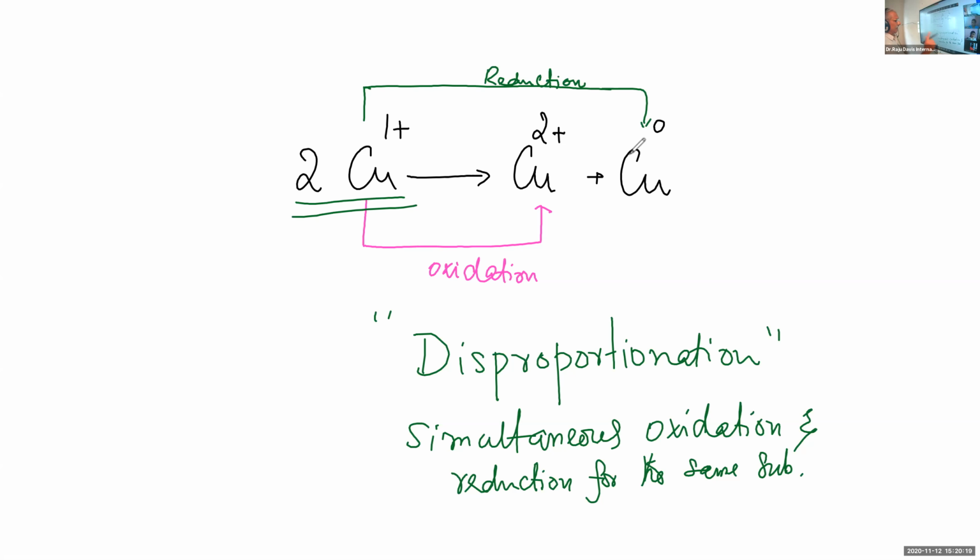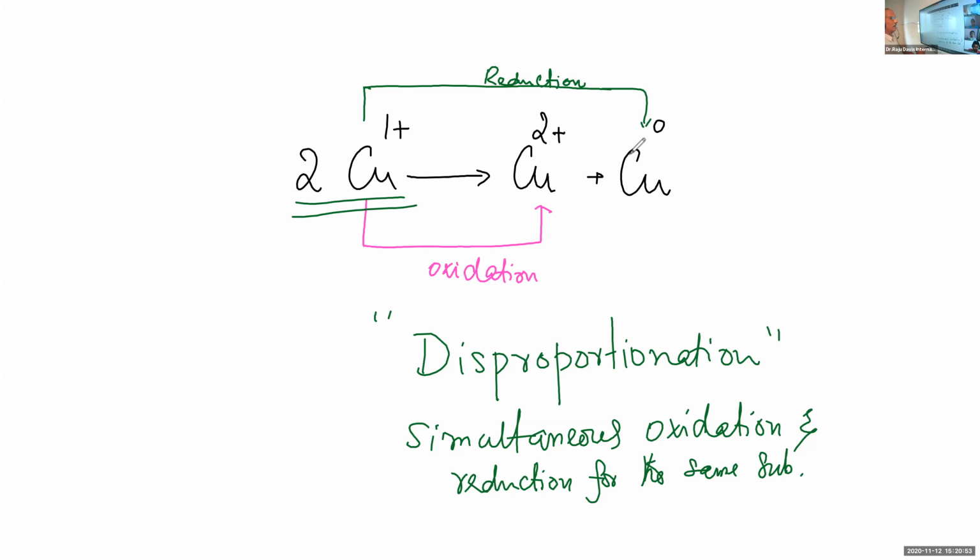Disproportionation. We need this for the second year. For the same reactant, there is oxidation and reduction. There is an increase in the oxidation number and a decrease in the oxidation number. When one half is oxidized, the other half is reduced. When one ion is oxidized, another ion is reduced.